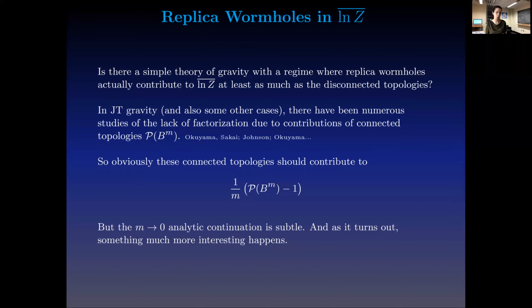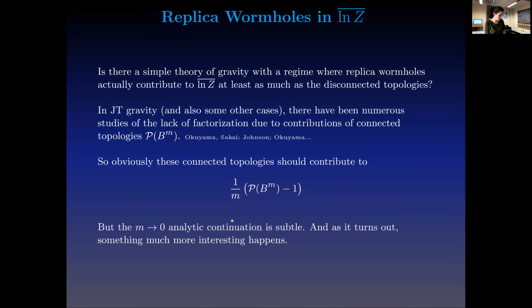Now, in JT gravity, and there have also been some other studies, there have been numerous studies of the lack of factorization due to contributions of these connected topologies to Z to the m. So if we take this and we just do 1 over m and do a minus 1 here, then clearly those connected topologies should also contribute to this expression.